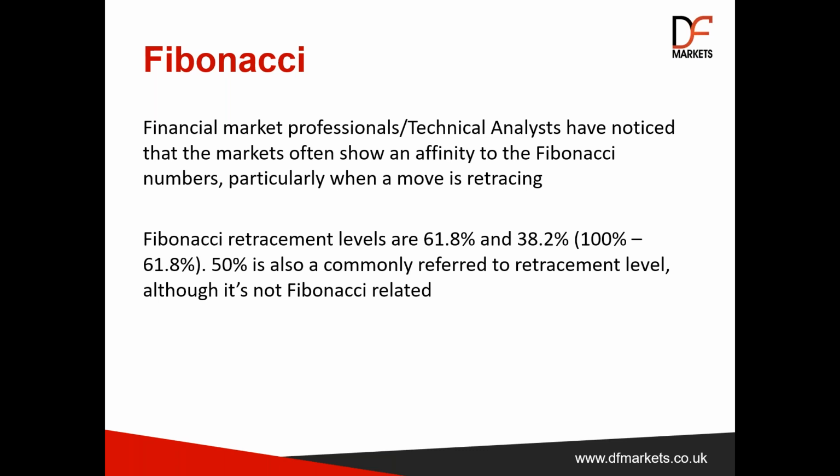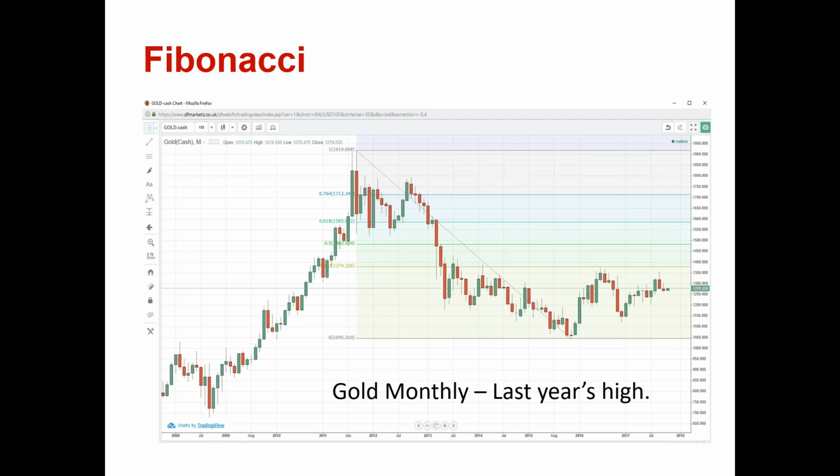Now, most charting systems add those lines. You can put those lines on a move on a chart, and it will show you. You can put in where it started, where it ended, and then it will show you where the 38.2% retracement is and where the 61.8% retracement is as well. And most charting systems also throw the 50% in there as well.